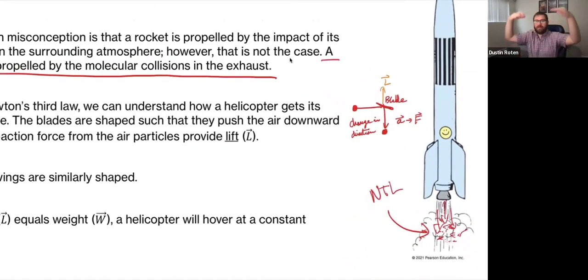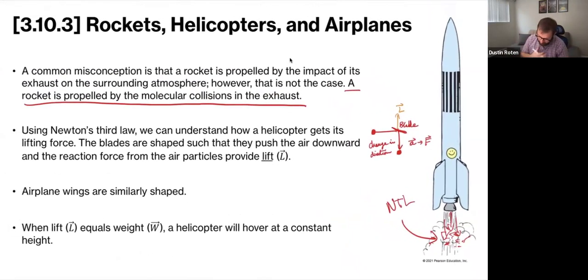So that's how you're going to get the helicopter to actually start taking off, right? So yeah, the reaction force, the air particles provide the lift. And just to keep things simple, I'll use capital L as the lift vector. And it is a vector, it's got a magnitude and a direction.